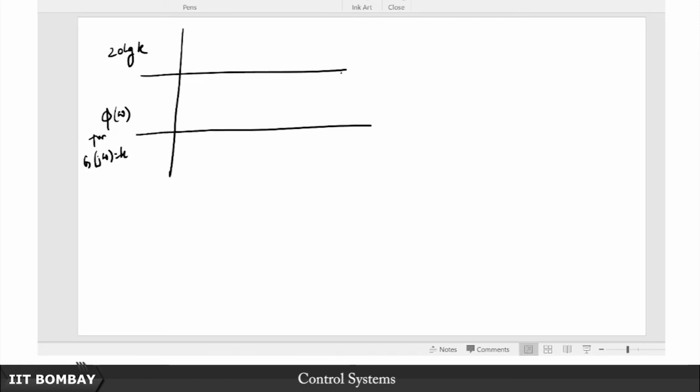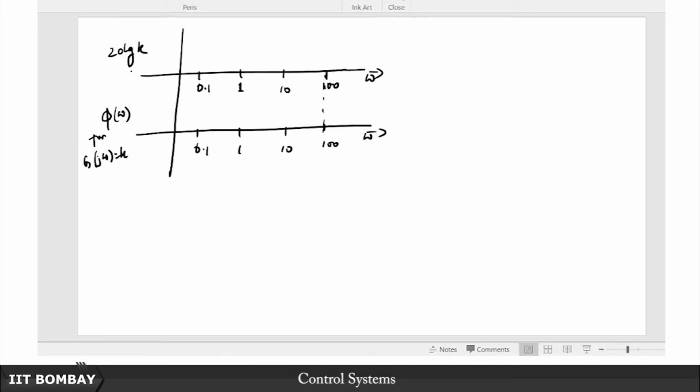So remember, this is the omega axis, on the same graph paper, where the y axis is linear and the x axis is logarithmic. So on the log scale, this is 1, this is 10, and henceforth I will just write this on the lower axis, and I will expect you to assume that the upper axis also has the same. That is exactly what we do in a Bode plot.